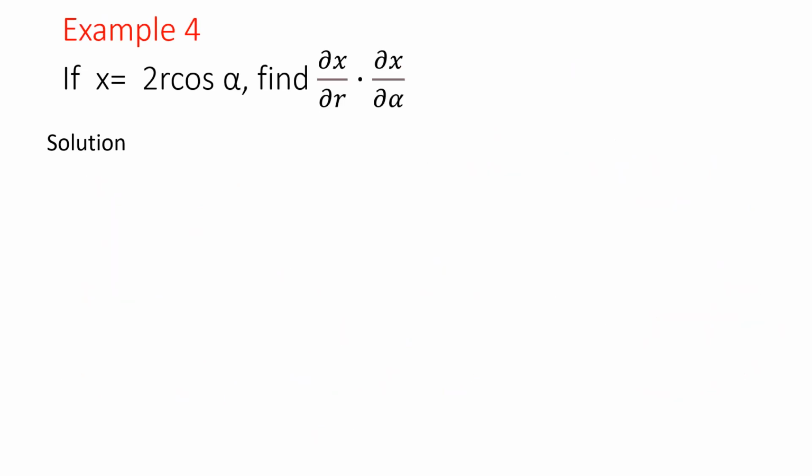So example, if x equals 2r cosine alpha, find the partial derivative of x with respect to r and with respect to alpha. So this one.